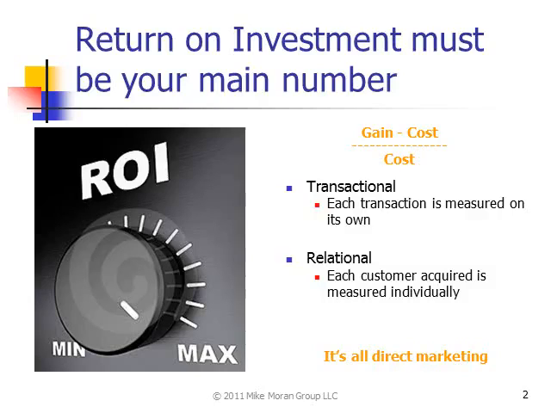So every single transaction is measured individually. So if you have the same customer that buys 15 things, the analysis of return on investment would actually be done 15 times. So for each of those purchases, what precipitated that purchase, what was the investment, and that purchase value would be considered the return.